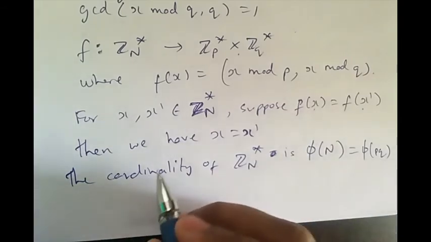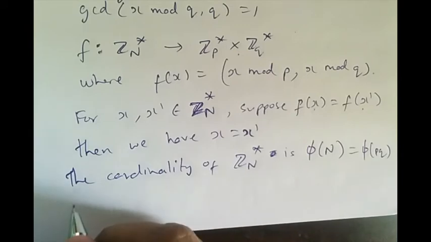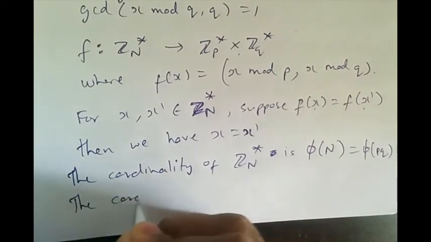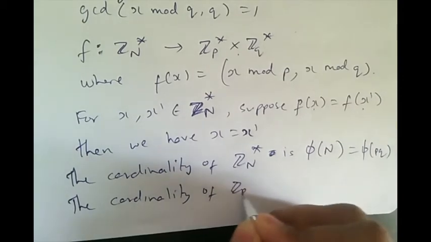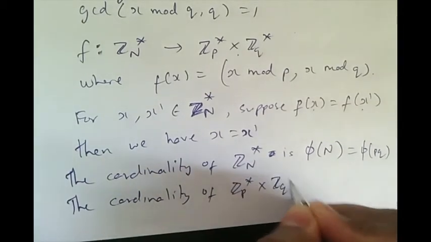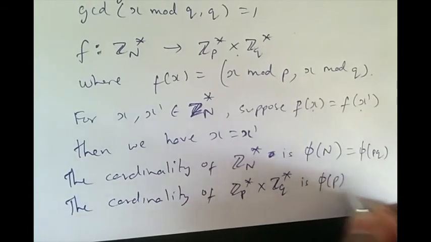Now what is the cardinality of the codomain? It's phi of p times phi of q.